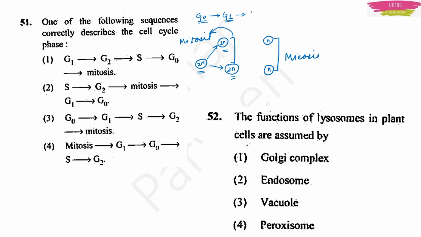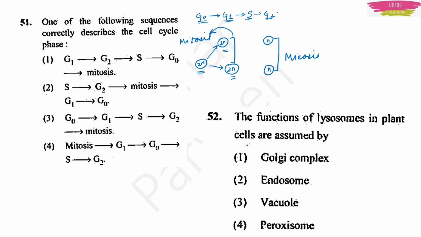Then next we have is S phase. In this S phase, each of the 46 chromosomes that are present in the nucleus of the cell get duplicated. Then after S phase, we have the G2 phase. In that G2 phase, there are double checks that take place. Double checks means if there are any errors in the duplication of the chromosomes, those errors will be corrected.